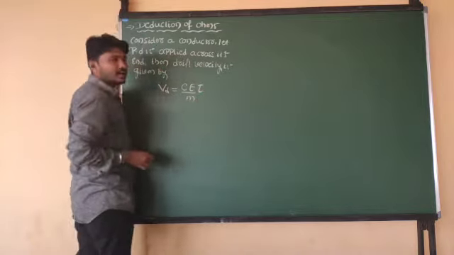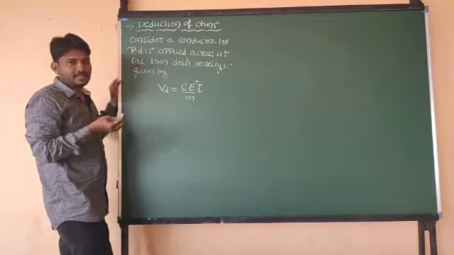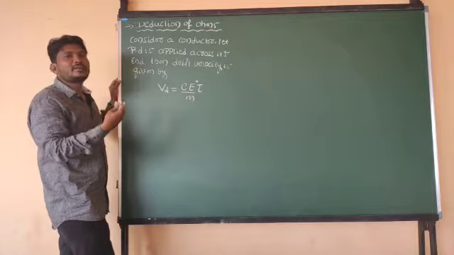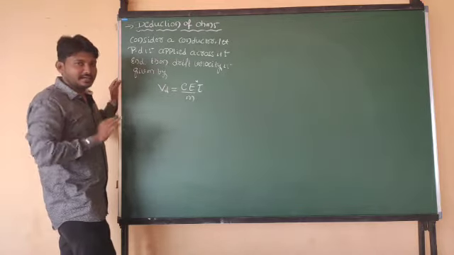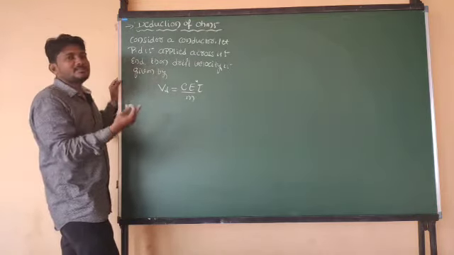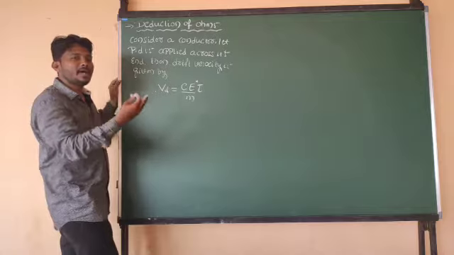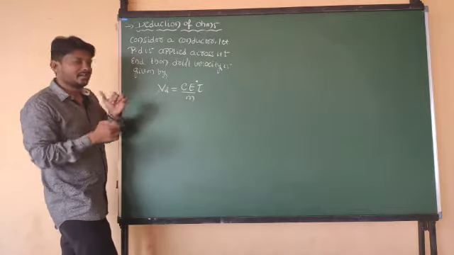This is the drift velocity. Wherever the electric field is there, we know from electrostatic potential and capacitance the relation between potential and electric field: E is equal to minus dV by dr, or in terms of magnitude, E is equal to V by L, where L represents the length of the conductor.